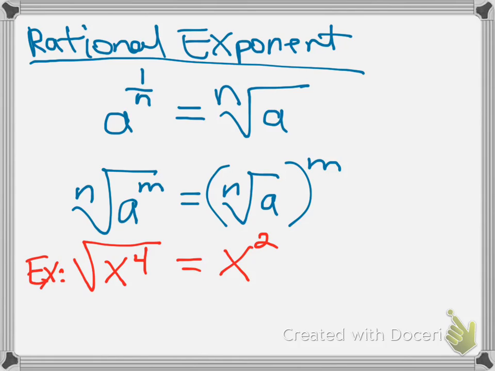So our expression should simplify to x squared. Now this rule that we just talked about says that instead of raising x to the 4th power and then taking the square root, what we could do is take the square root of x and raise it to the 4th power. And it turns out that that is also equal to x squared, which is why the two expressions are equivalent to one another.